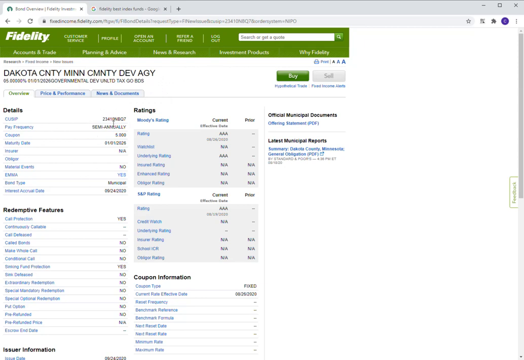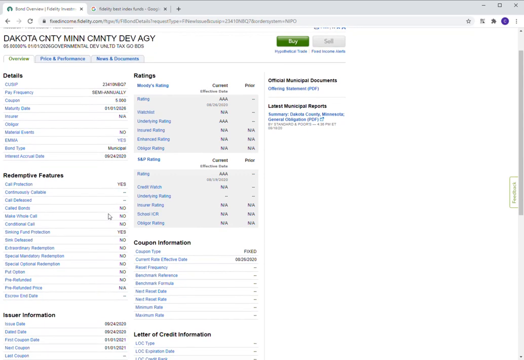That's my guess. And here is going to be your general information about the bond. The pay frequency is going to be semi-annually. The coupon rate is 5%. The date of maturity is January 1st, 2026. It is a municipal bond, so there should be some sort of tax incentive in there. The interest starts accruing the day that the bond is issued.